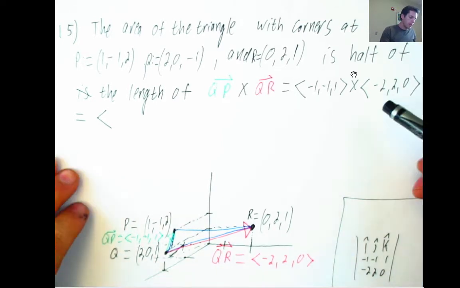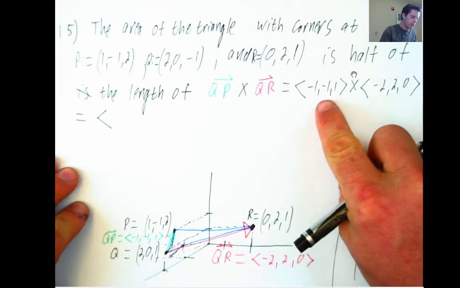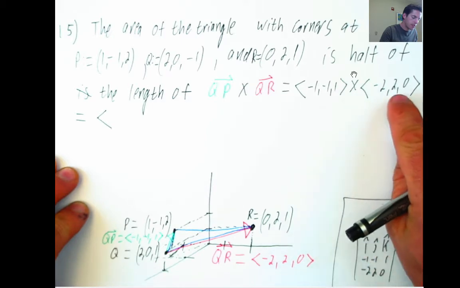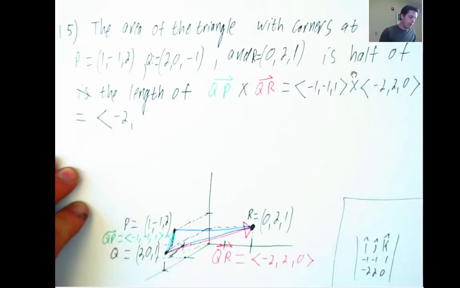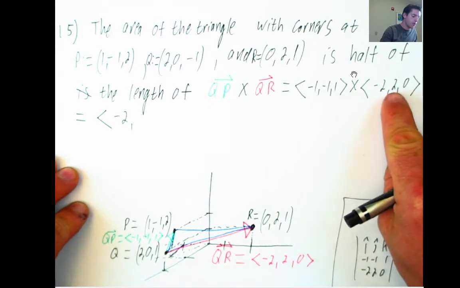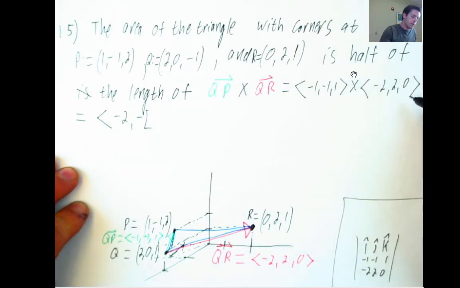So what I'm going to try to do again is to compute this cross product just looking at the component form. The first component of this will be what I get from ignoring the first component of both these guys and taking -1 times 0, oh, that I can do in my head, minus 2 times 1, so that's a -2. The second component I get by ignoring the second component of these guys and putting an additional negative sign. -1 times 0, oh, well, that's easy, minus -2 times 1.